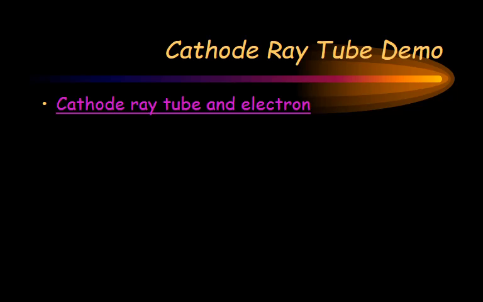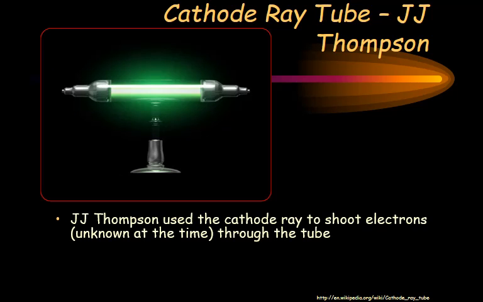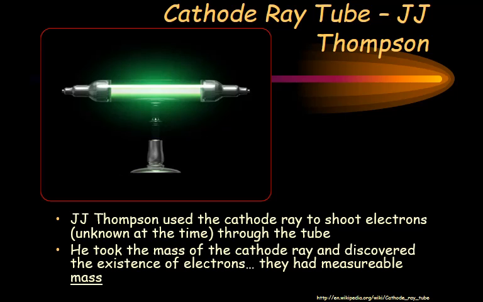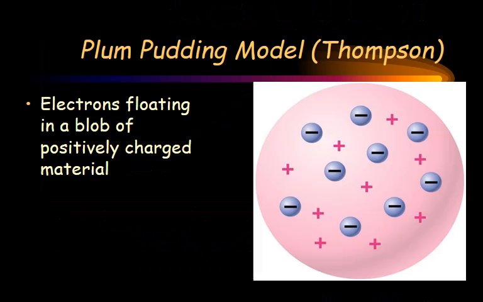And so we can shoot those electrons from one side to the other, and electrons weren't even known at that time until he found this out. He took the mass of the cathode ray itself and discovered that electrons themselves actually had mass. And this is very, very significant.